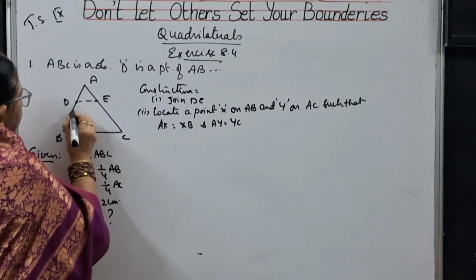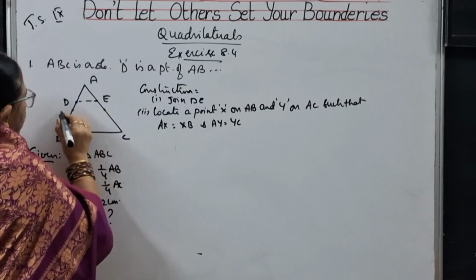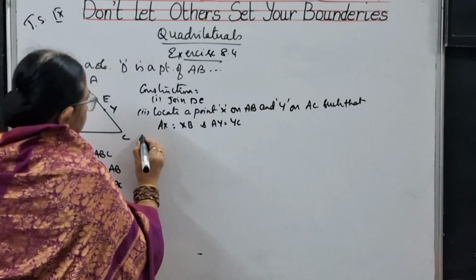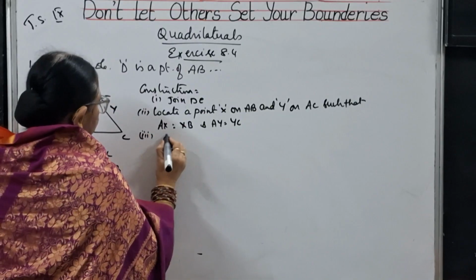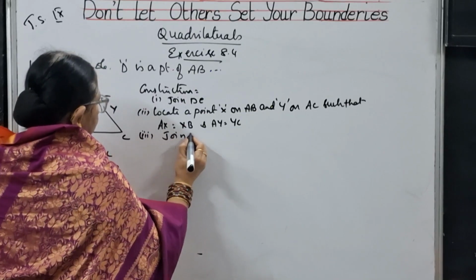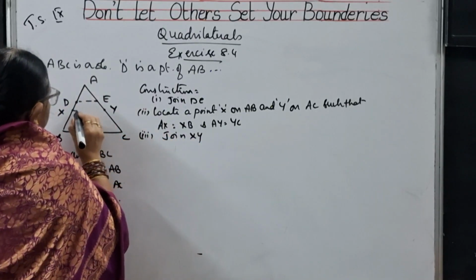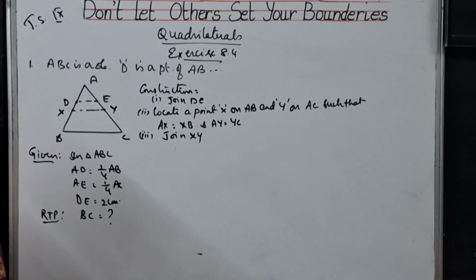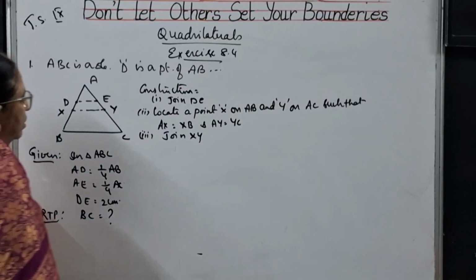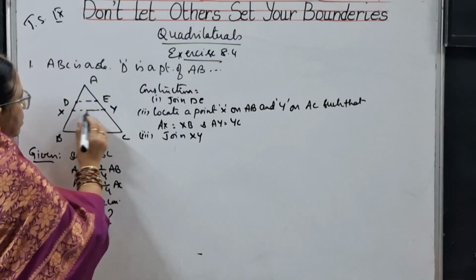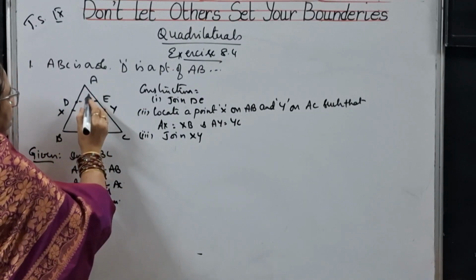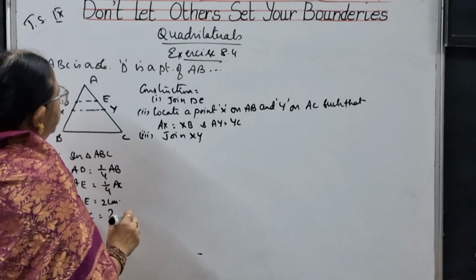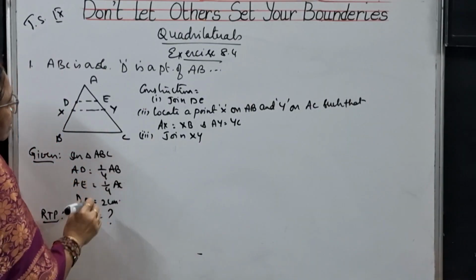That means, see children, here you are getting X and Y. Then you have to join XY. See, when AX is equal to XB and AY is equal to YC, X and Y are the midpoints of AB and AC.